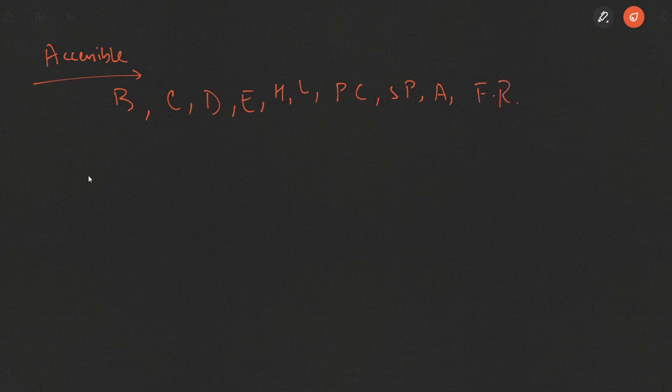These are the accessible ones. The inaccessible ones are W, Z, ALR, the temporary register, and the instruction register. So these are the different registers of the microprocessor 8085.